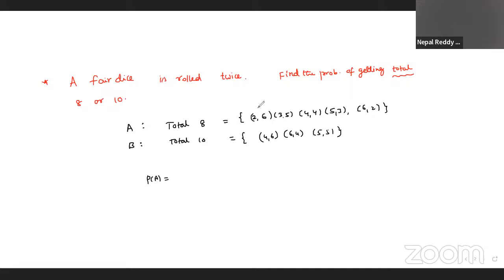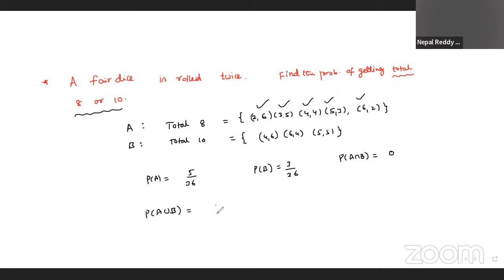Now, probability of A, favorable 1, 2, 3, 4, 5, divided by 36. Next, probability of B, favorable 3, over 36. Probability of A intersection B: there is no intersection, right? So that is empty, A intersection B, and hence the probability becomes 0. Now getting 8 or 10, the word 'or' indicates the union symbol.